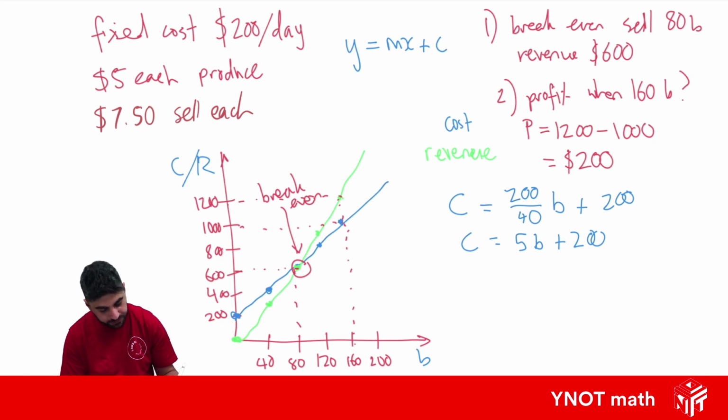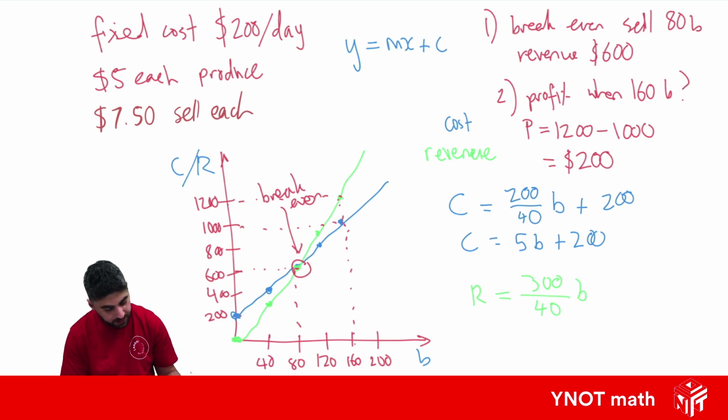Now what about our revenue? Again, that's in the same form, y = mx + c. So we use R this time for y, and we need the gradient of that line. This time, it's going up 300 for every 40 that it goes across. So that's our gradient, 300 over 40 times B, plus our y-intercept.